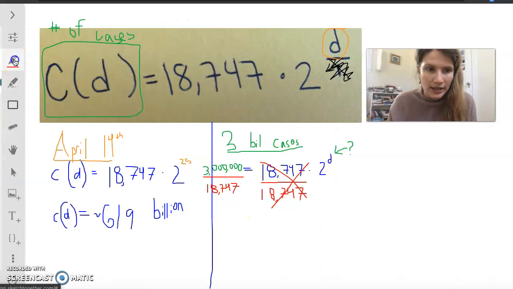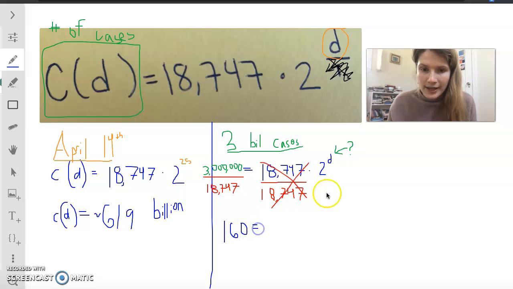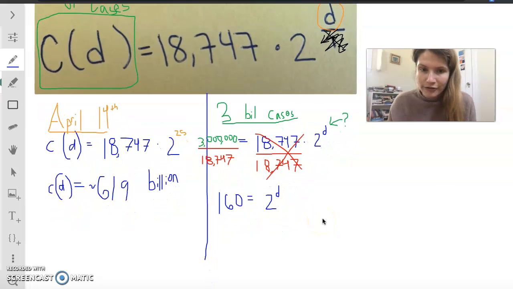So let's go back to blue, and that's going to simplify to 160 equals, and now this canceled out, so I'm just left with, on the other side, 2 to the power of D. So already this looks a little bit simpler and better to solve.